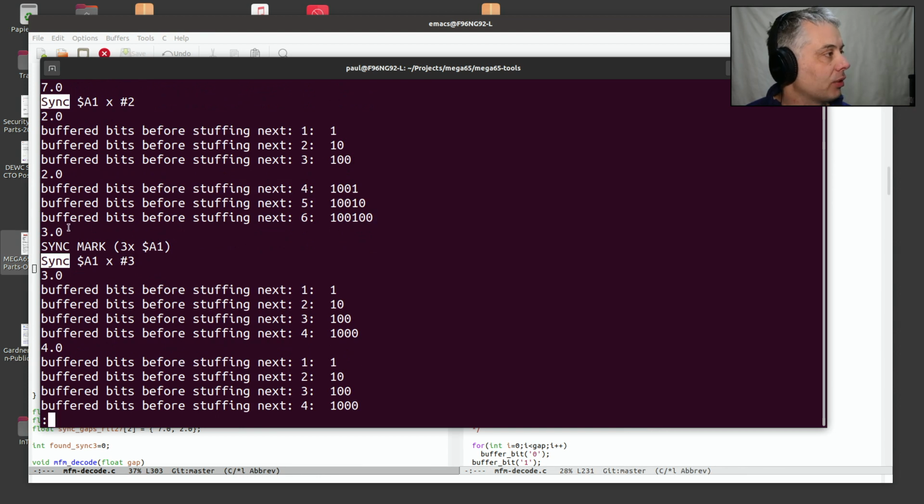Which we have: 3, 3, 4, 2. So we're still stuffing up something with the, when we digest the sync mark, we're not leaving enough of the bit sequence in there. So let's have a look at how we're doing that sync detection again.